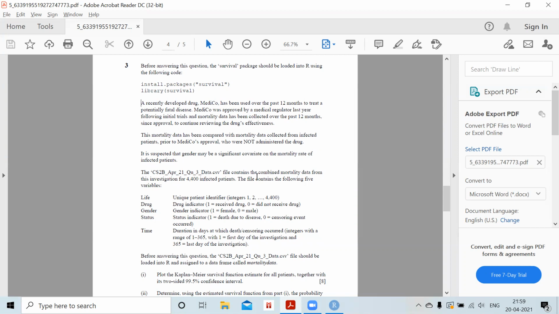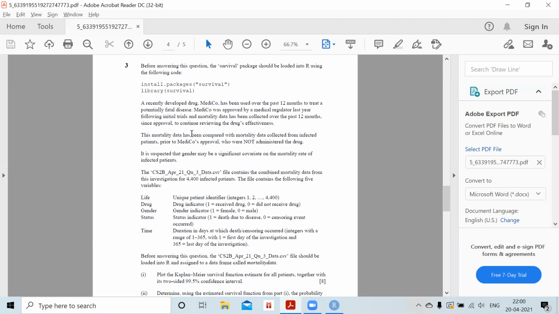There's data of 4,400 patients. Drug 1 is for people with the drug, 0 is no drug. Gender is female and male. The drug is used to treat a potentially fatal disease, so what our solution should indicate is that after providing the drug, the survival probability should increase because it's treating a fatal disease.